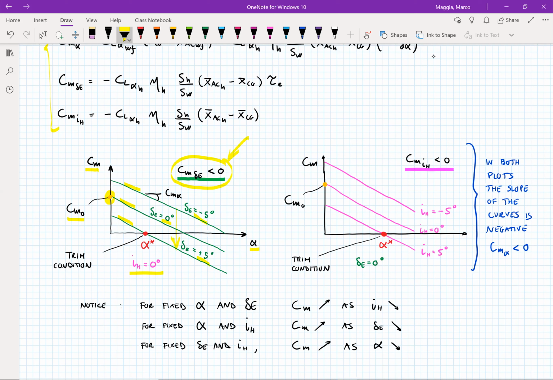Similarly, we can say the same if we consider delta E equals 0 and different curves parametrized by the incidence angle. As we increase the incidence angle for a fixed value of alpha, we decrease the pitching moment coefficient.